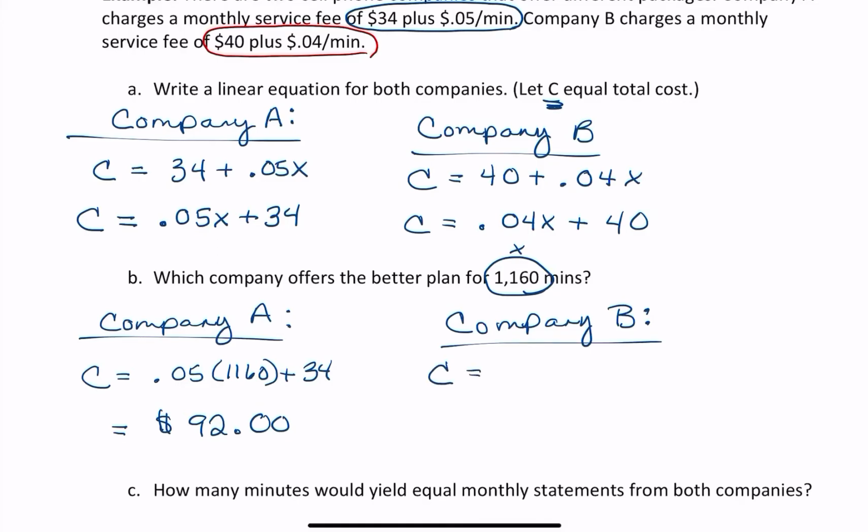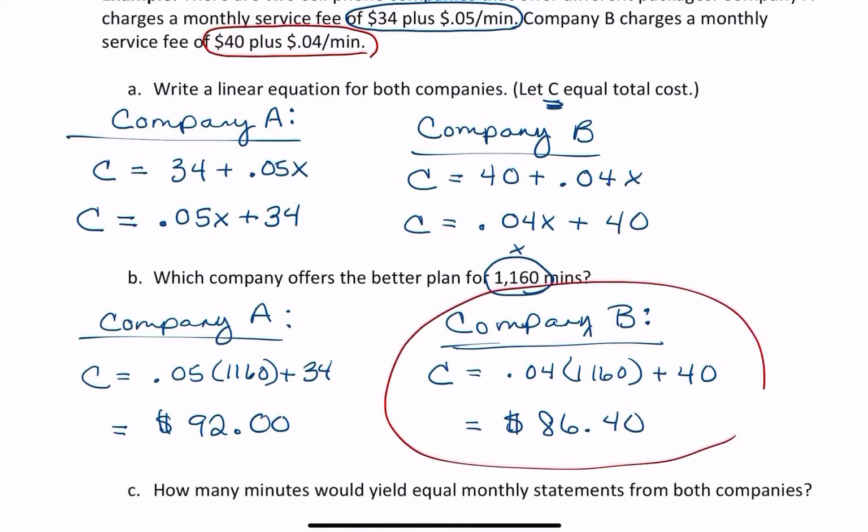So the cost is 0.04x plus 40, and we're going to plug in 1160 for x. So the cost here is going to be $86.40. So in this case, Company B using 1160 minutes is going to be the better deal.